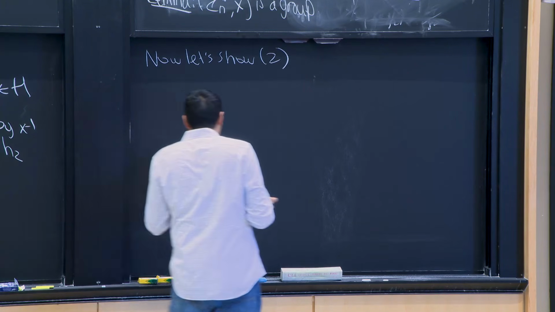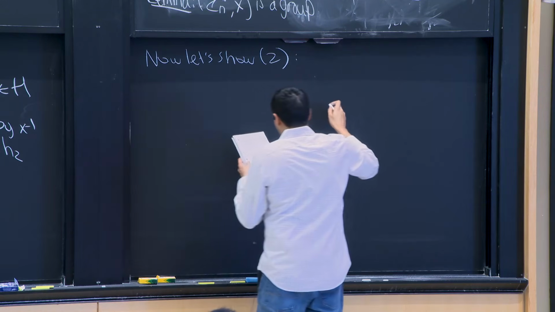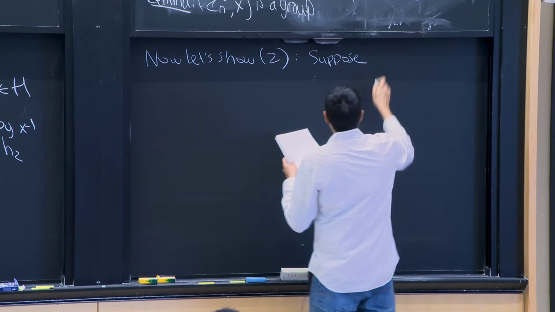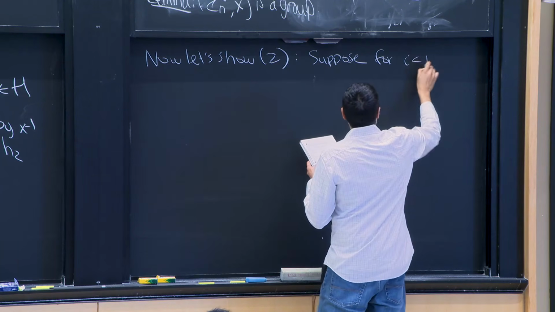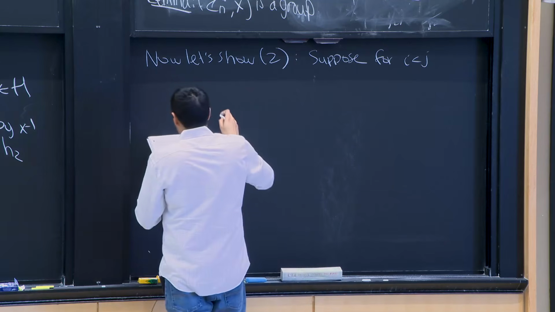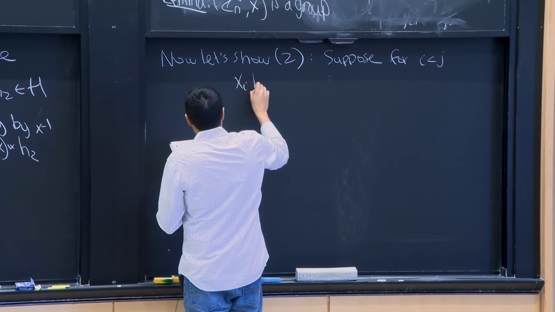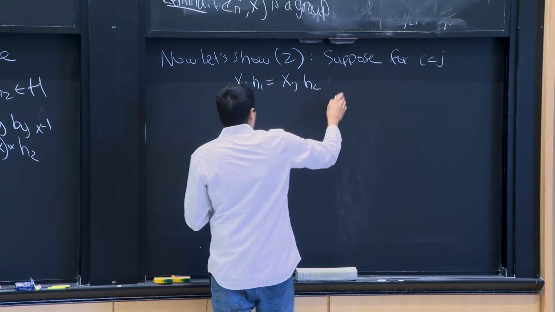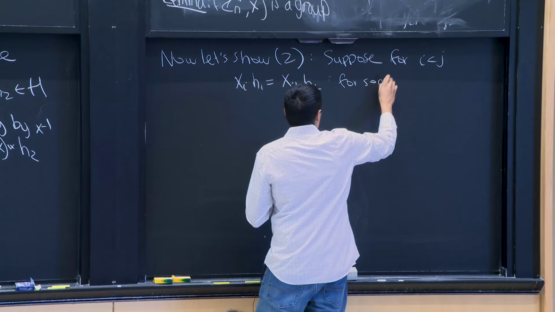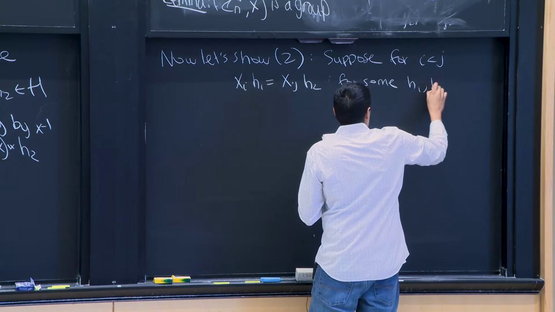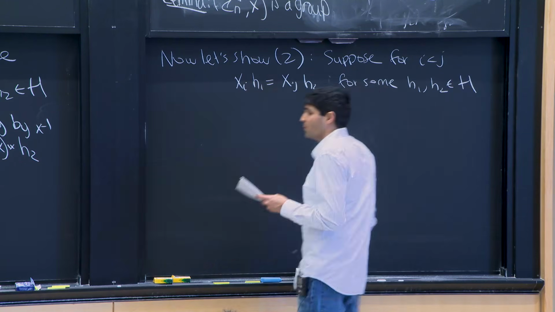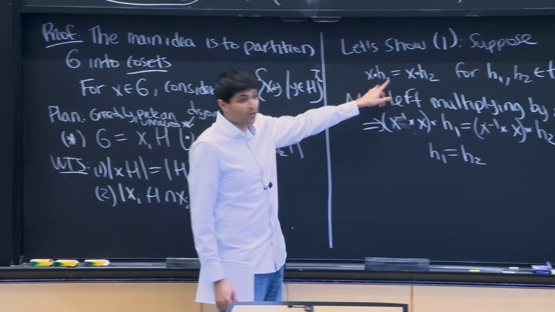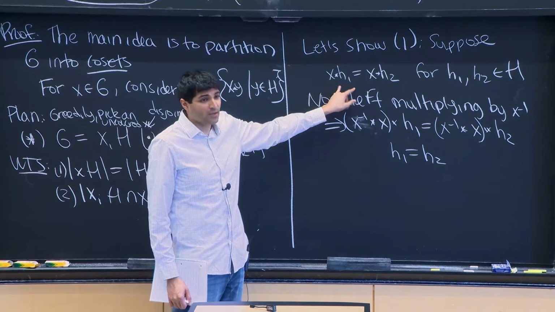Okay. So what I'm going to do is suppose that they're not disjoint, these cosets we get. So let's suppose, for i less than j, we have the property that xi h1 equals xj h2, for some h1 and h2 belonging to H. We just proved that we don't have any collisions within the coset; we don't get back the same element.